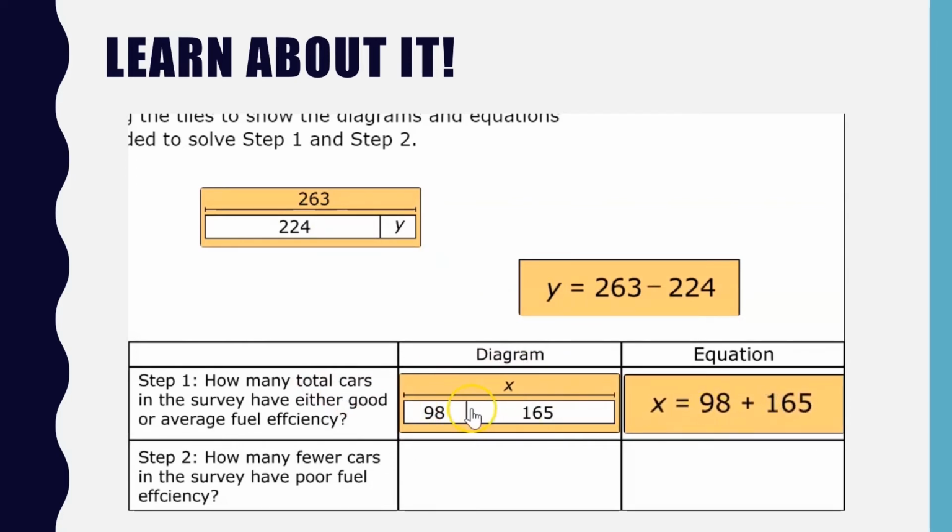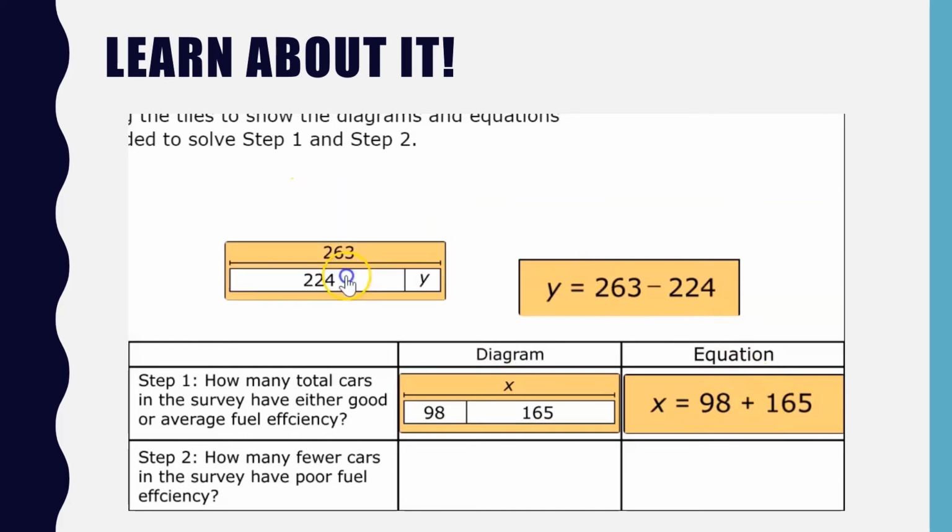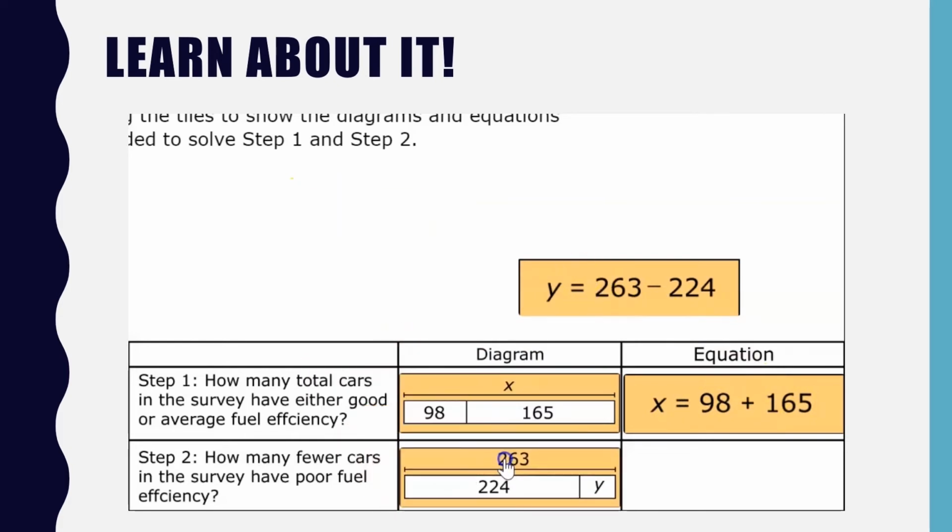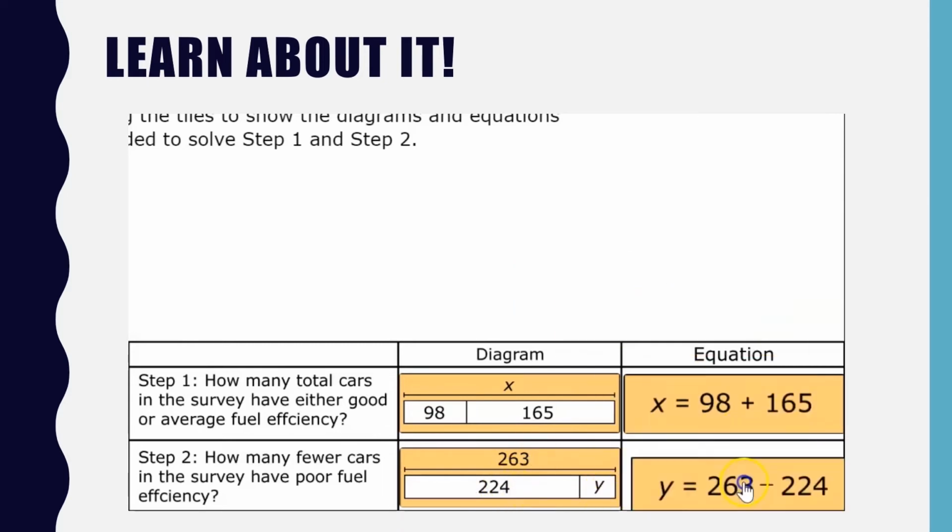That bar diagram shows us the part total. That total is an unknown, but when we add up the 98 and the 165, we did get 263. Now we can actually solve our question now that we have that unknown piece, right? So 263 minus 224 is going to give us our leftover, which is what we're searching for, that difference between the good and average and the poor.